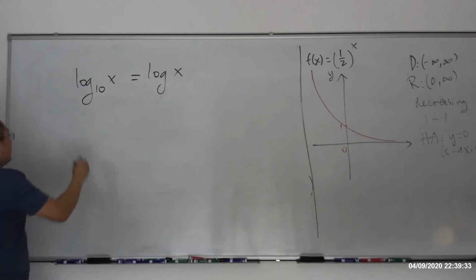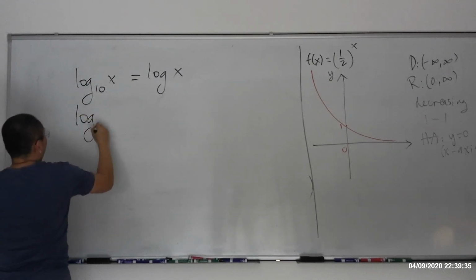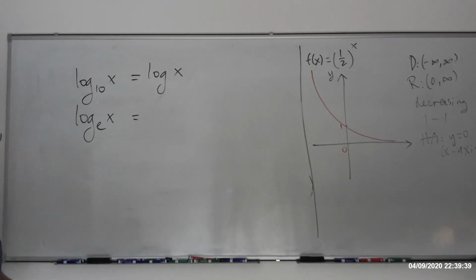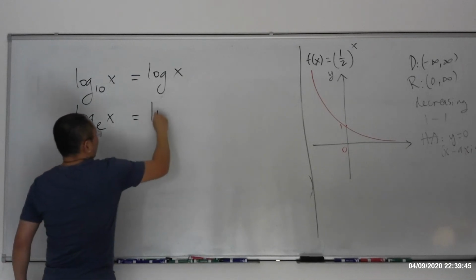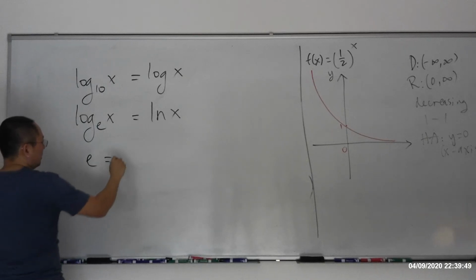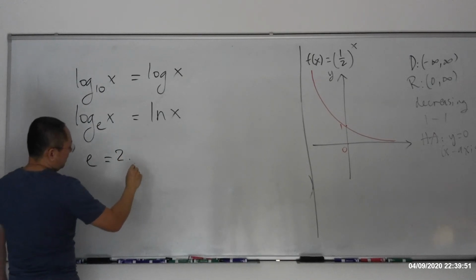The second base that we use a lot is base e. Log base e of x. And e is the natural constant, okay? And instead of writing it this way, they write ln of x, where e is a constant, just like pi. e is 2.71828.